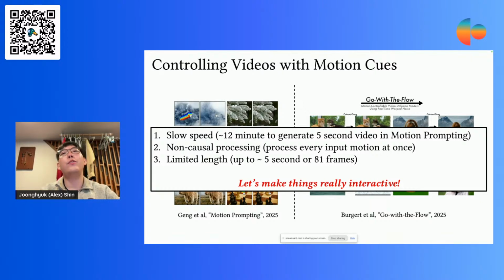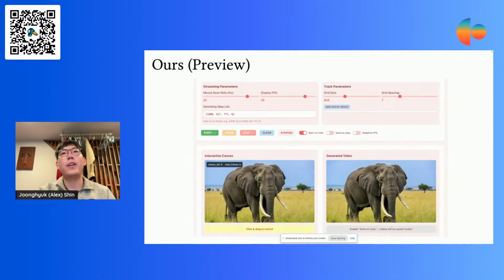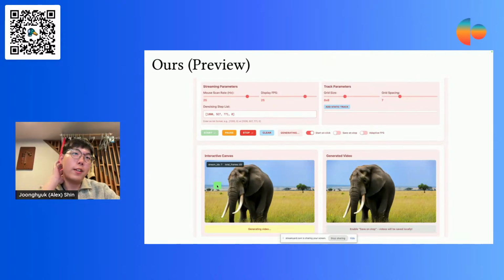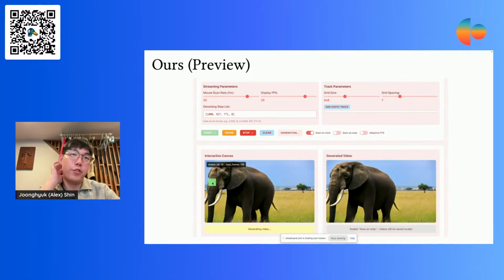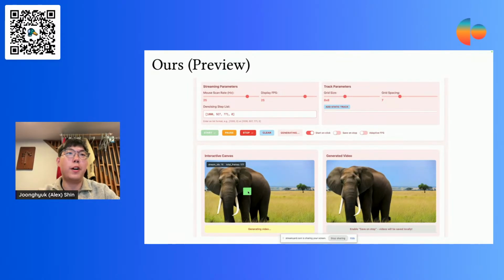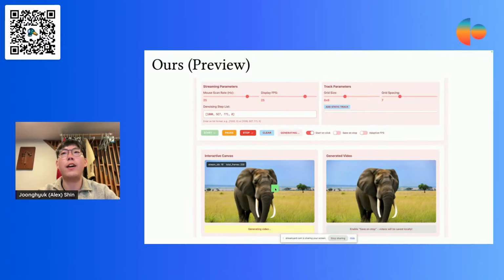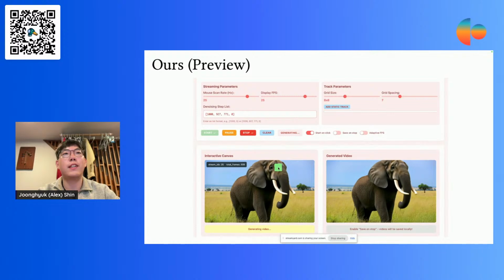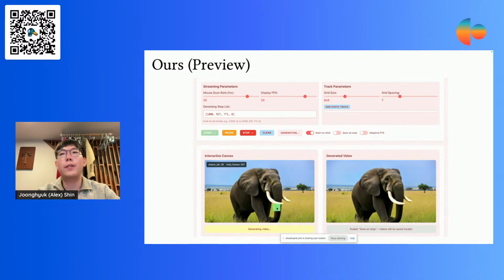Yeah, and we want to make this really interactive, where users can continuously input prompts and videos are generated on the fly. So combining everything, this is a demo of ours, and I see a lot of people have probably watched it. You can drag things in the video, and the videos are generated on the fly, conditioned by the drag tracks. And most importantly, it lasts for a significantly long duration.